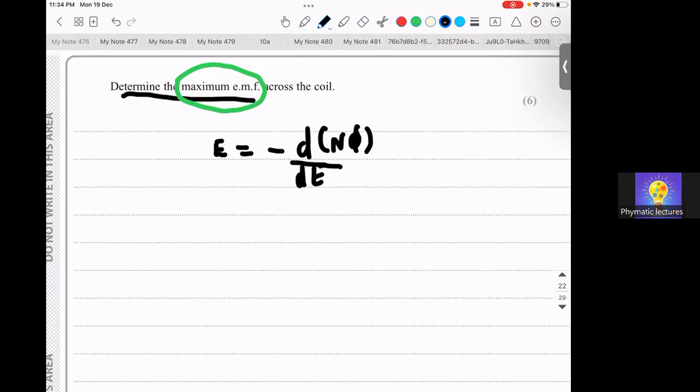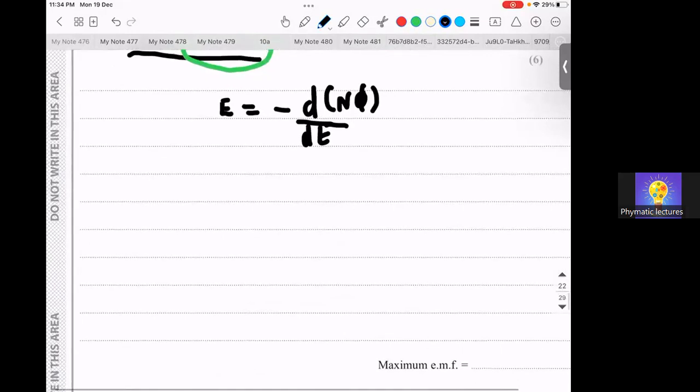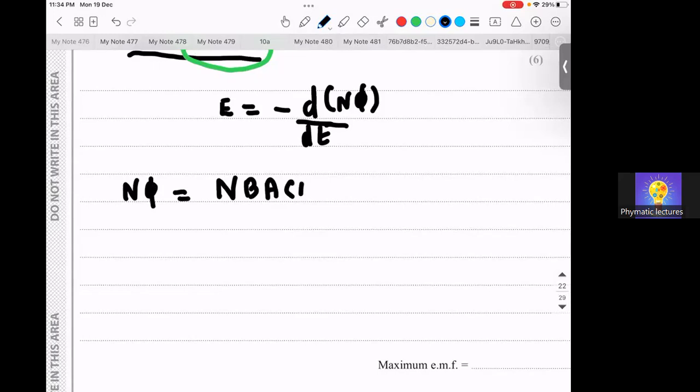Any doubt? By the basic definition, the flux linkage N phi is the total number of turns times phi, which is NBA, and generally NBA cos theta.